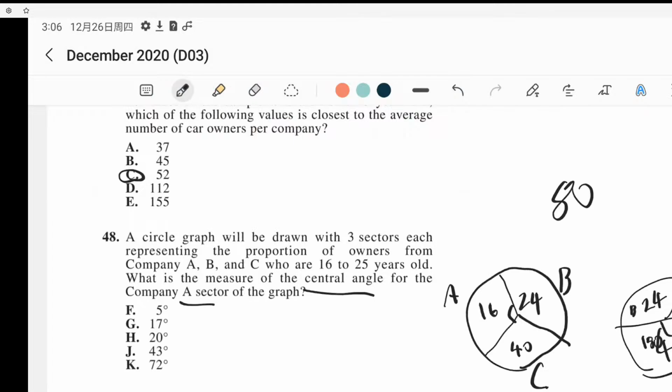And because A takes up 2 of the 5 parts, we can multiply this by 2, which is 72 degrees. Okay. This is a very tricky question, and there are multiple ways of solving this problem. Let's check the answer to make sure. Yes, it is. This is one of them.